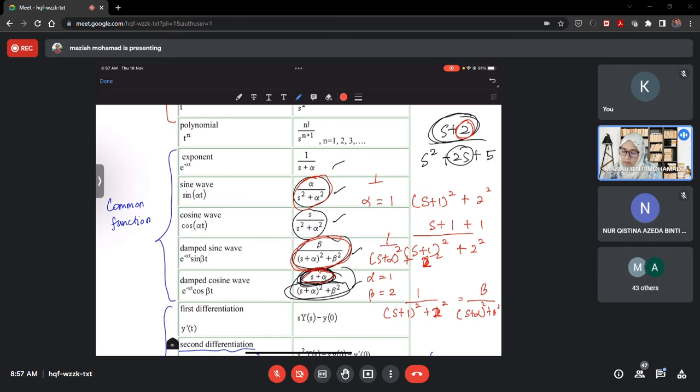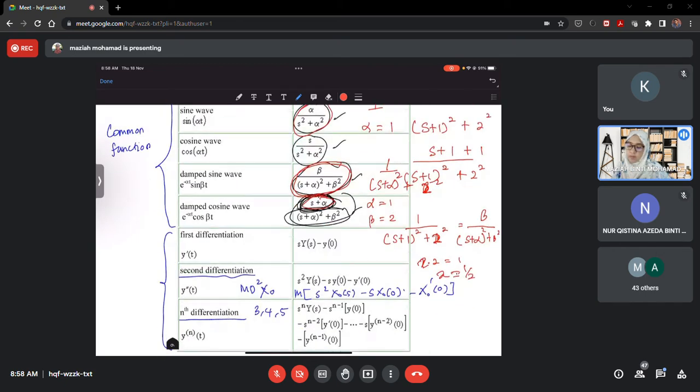At the numerator, beta is equal to 2, so x multiplied with 2 is 1, so x is 1/2.